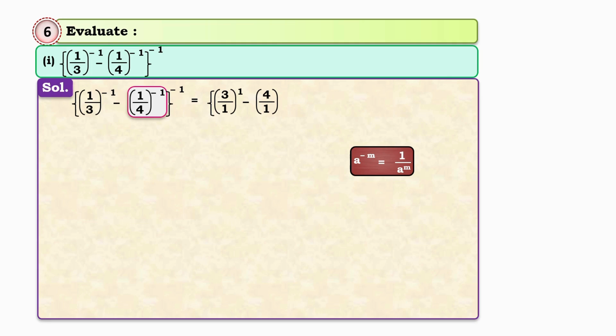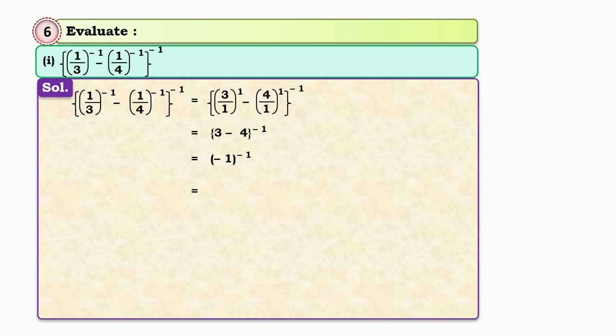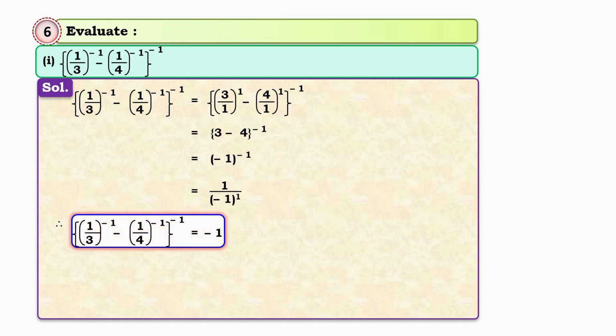Whenever we have minus 1 as a power, the number will be just the reciprocal of it. So now 3 minus 4 to the power minus 1, which means minus 1. So this minus 1 is the final answer.